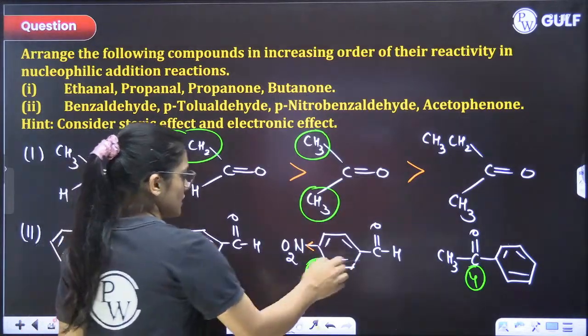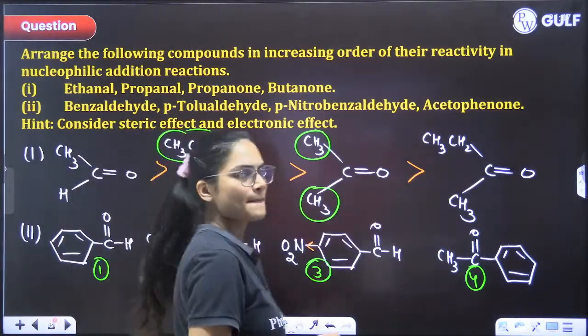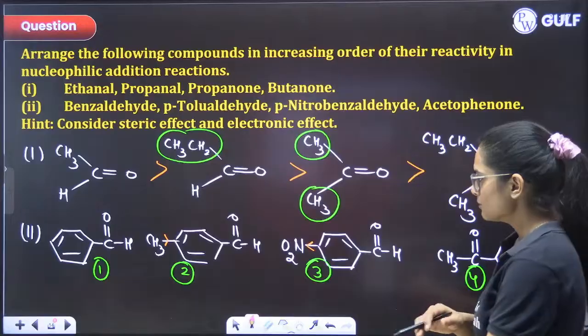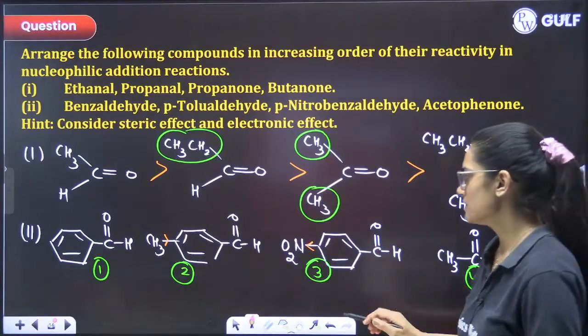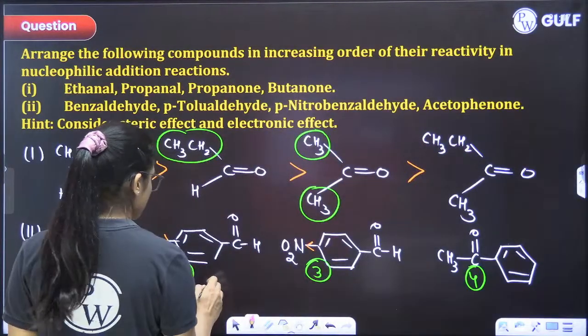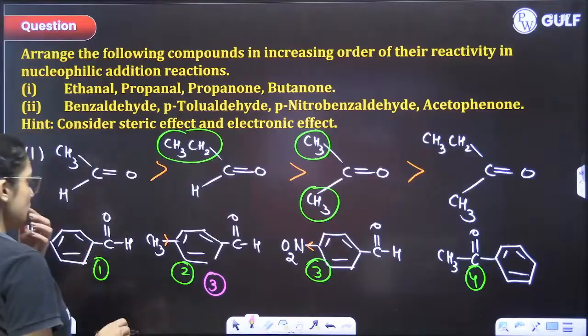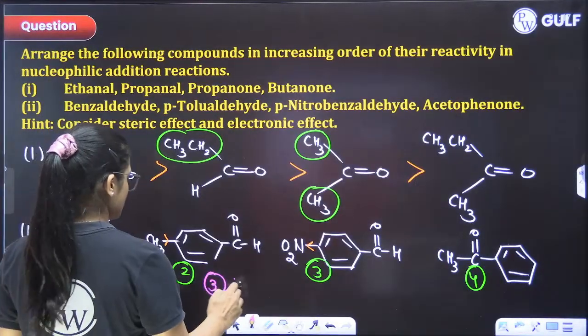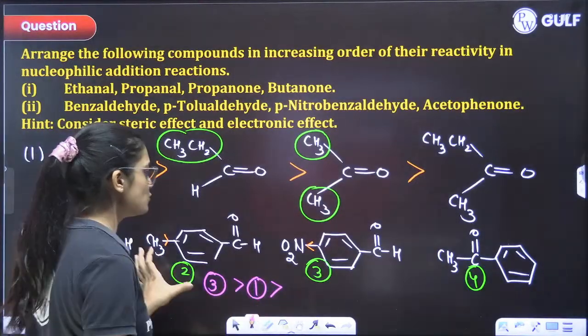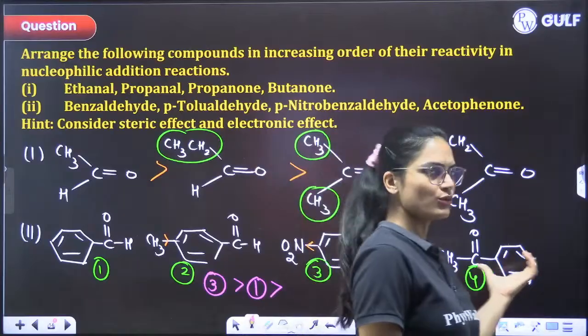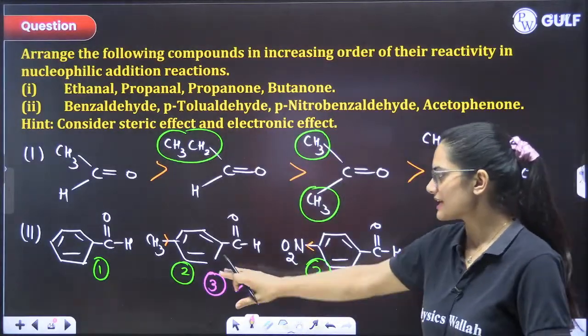Okay, let's look again. Here the most reactive is this one, the third one. Then you have this one, the first one. Now we have to do the comparison between the fourth one and the second one.